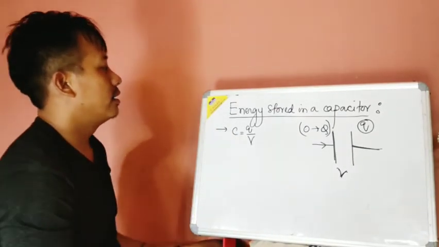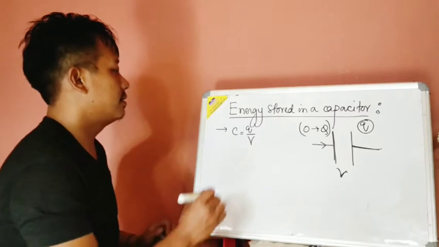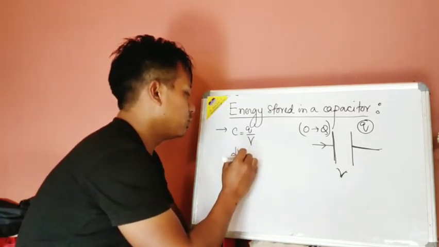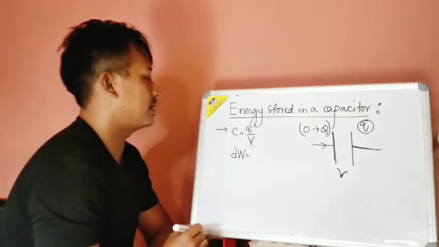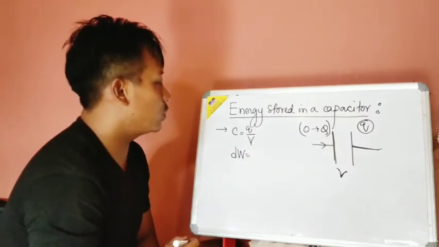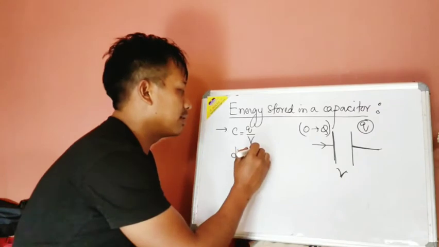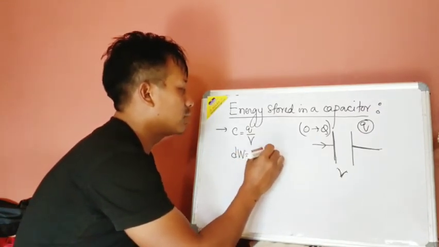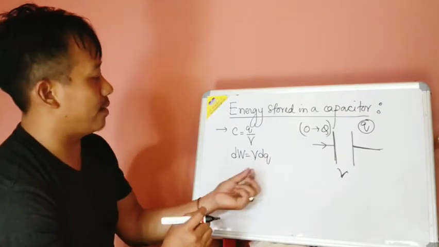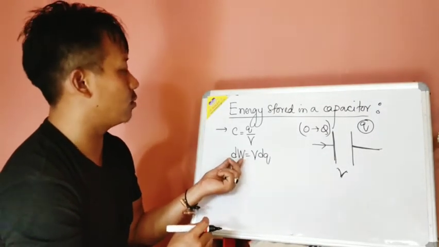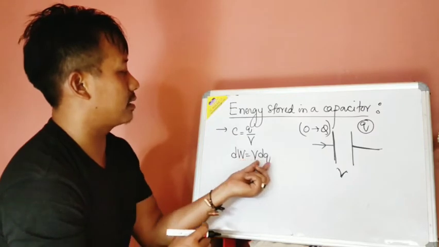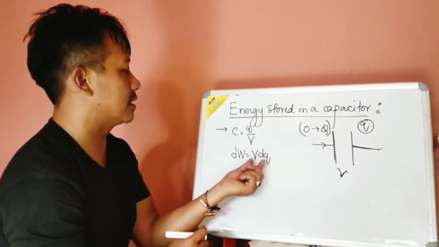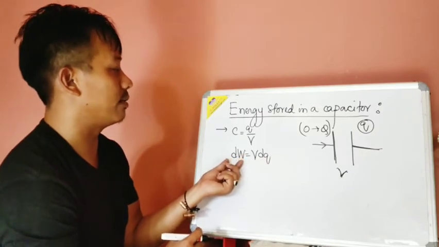Then let us try to find the small work done, dW, in charging the capacitor by dq. dW is the work done in charging the capacitor by dq.